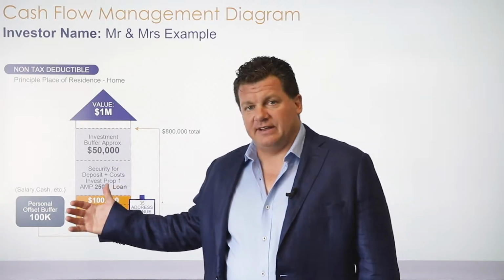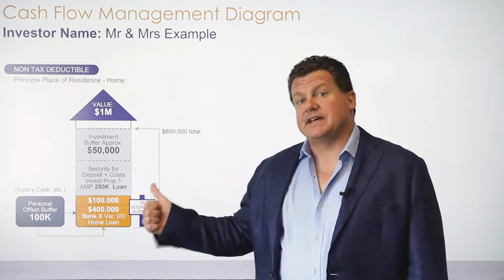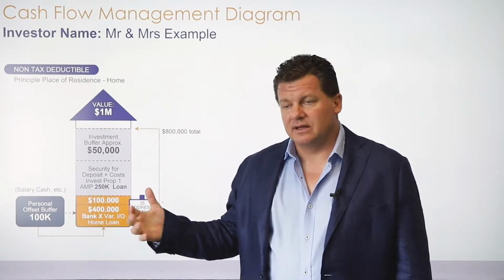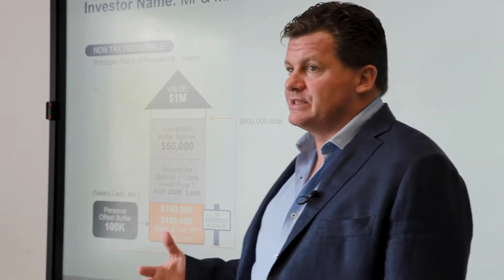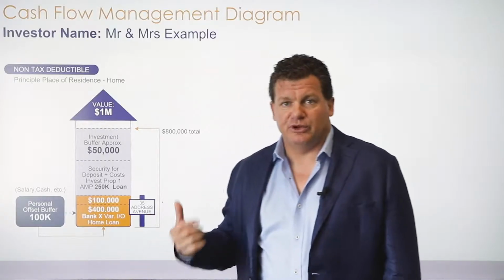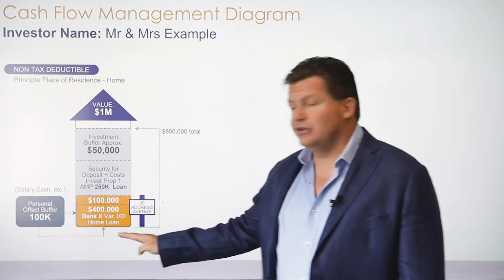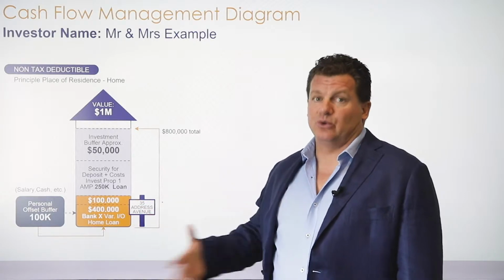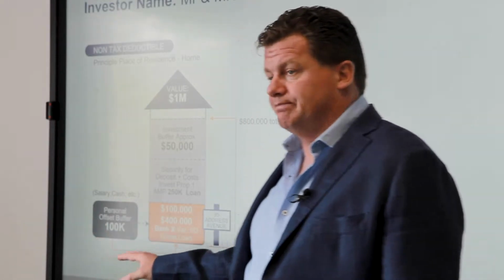The beauty of having an offset account as a buffer is that if for some reason you have a financial setback and you cannot meet the repayments, or meeting the repayments for a month or 2 or 3 would put you under pressure, you have this buffer of money that can continue to make the loan repayments and also help you out with any personal expenses for a period of time.